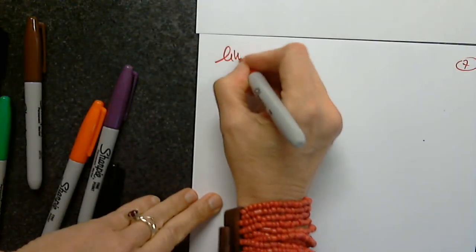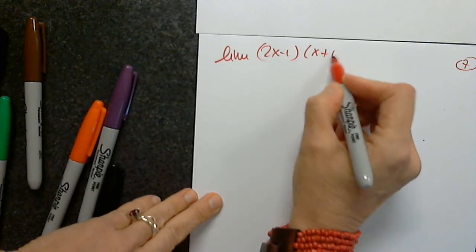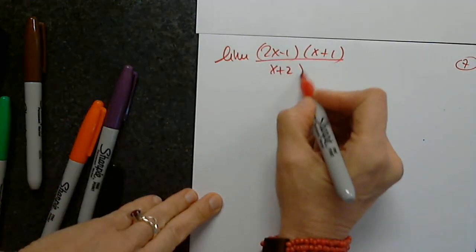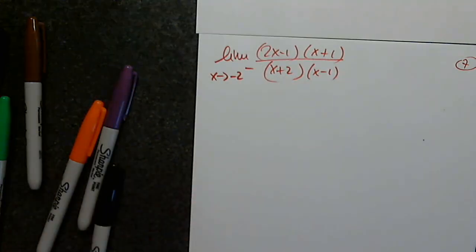I have to find the limit of 2x minus 1, x plus 1 over x plus 2, x minus 1 as x approaches negative 2 from the left. Earlier in the problem, we found the limit as x goes to infinity, justifying the horizontal asymptote. Yes, the horizontal asymptote always goes with limits at infinity.